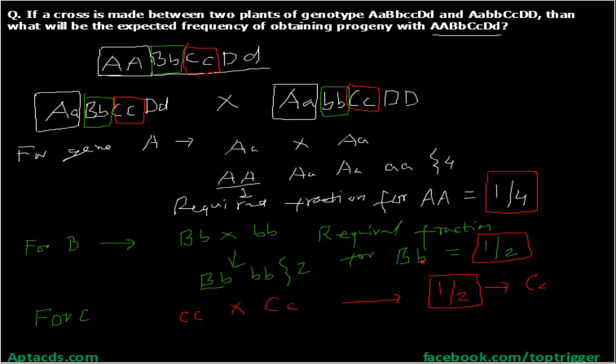Now one last is left, and that is we have to get capital D, small d from 2 fractions.